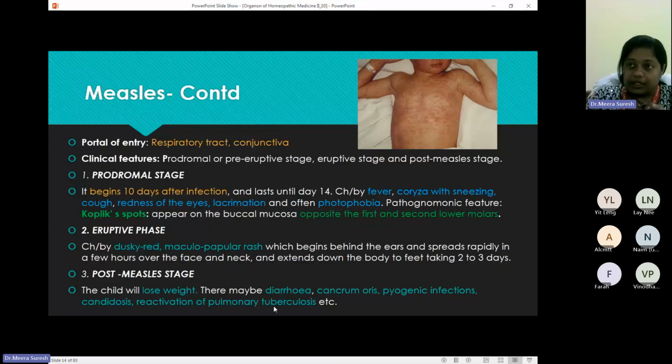But after measles appeared in him, and if proper care was not given regarding the food, the nourishment, not just medicine, but proper water or rehydration therapy, the immunity will be much affected. So even reactivation of tuberculosis can happen.